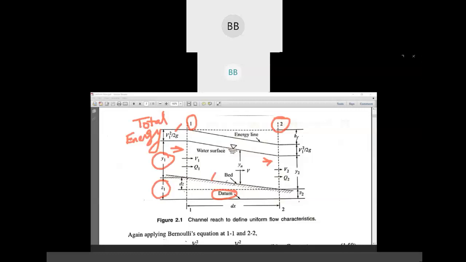To say the total energy for section 1 and section 2 are the same, you have to find the total energy for section 1 and for section 2, and then add this loss.